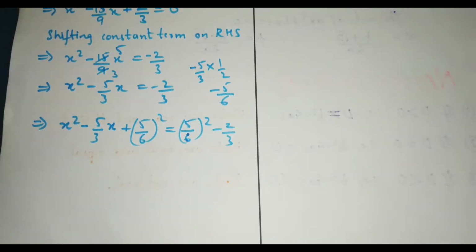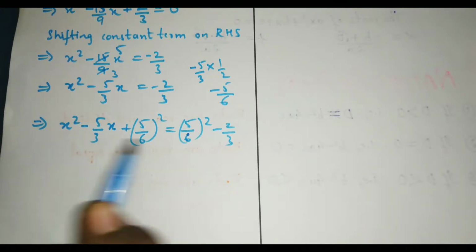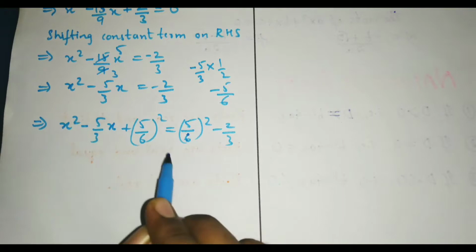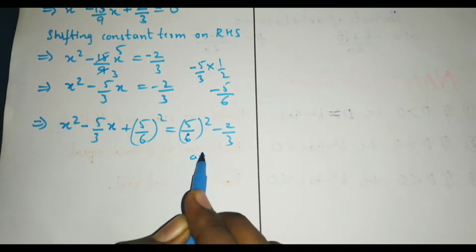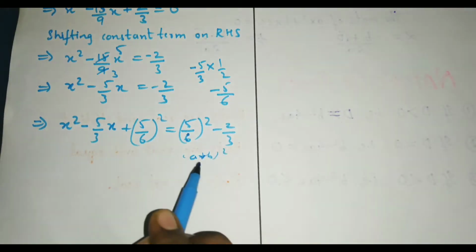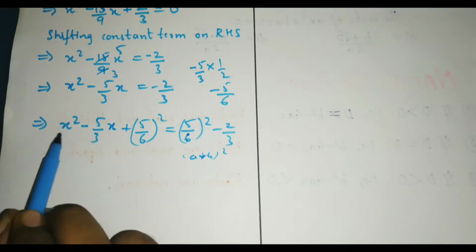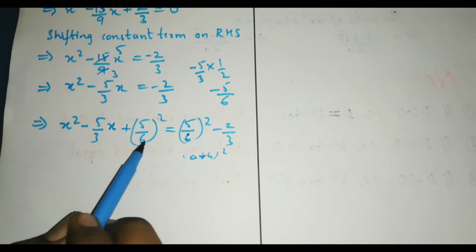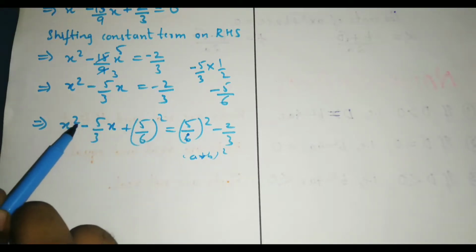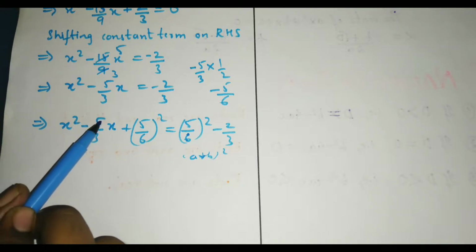So guys, one more thing you have to understand here is that the fifth step is that you have to take the LHS and bring it to the form a plus b the whole square. A plus b the whole square is nothing but a square plus b square plus 2ab, we can say a square plus 2ab plus b square. Now b square is there, fine. So b is 5 by 6, but here 2 into ab should come.